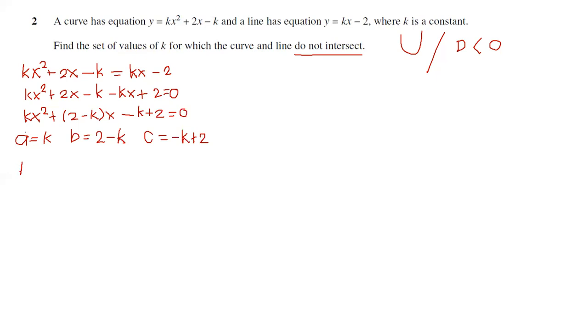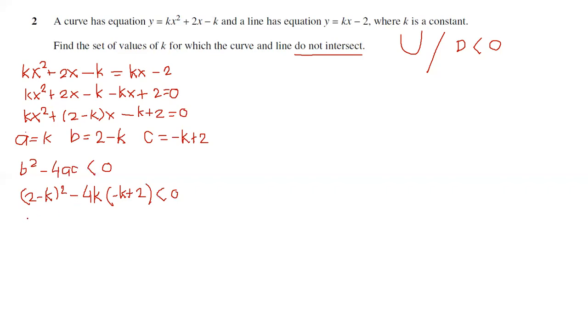The discriminant less than 0 means b squared minus 4ac less than 0, meaning (2 minus k) squared minus 4k times (negative k plus 2) less than 0.